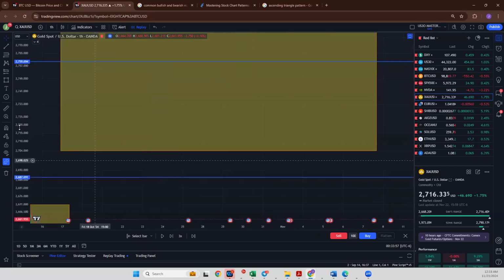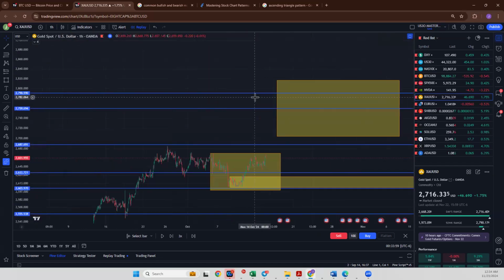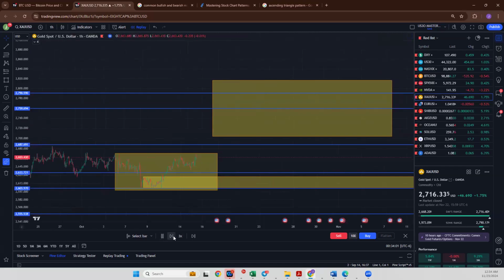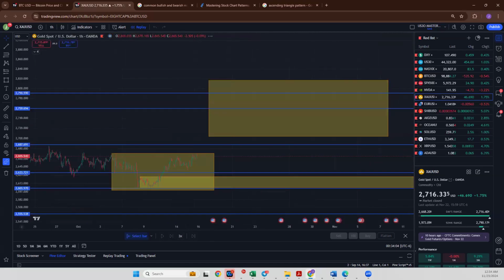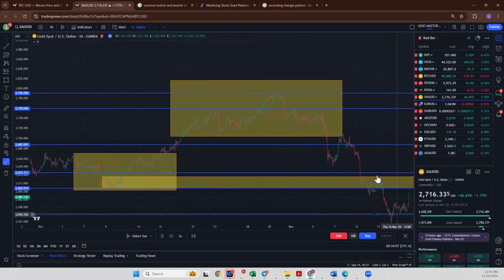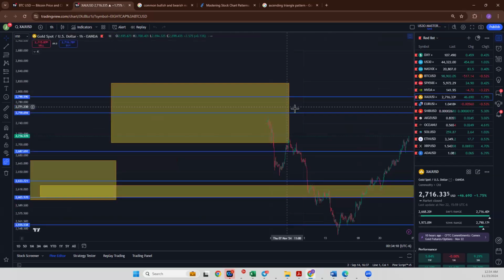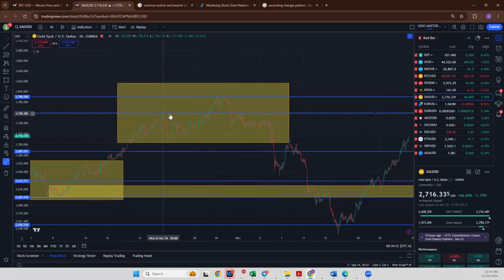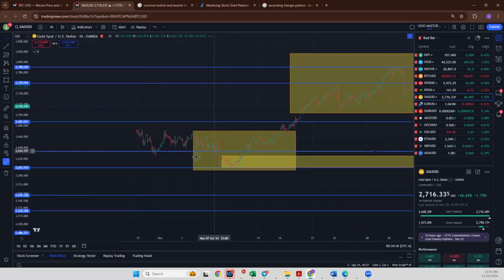This one, in my opinion, is a perfect head and shoulders because it's nice and square and nice looking. But this is still a form of an inverse head and shoulders. It's a little crooked, but you kind of get the point.